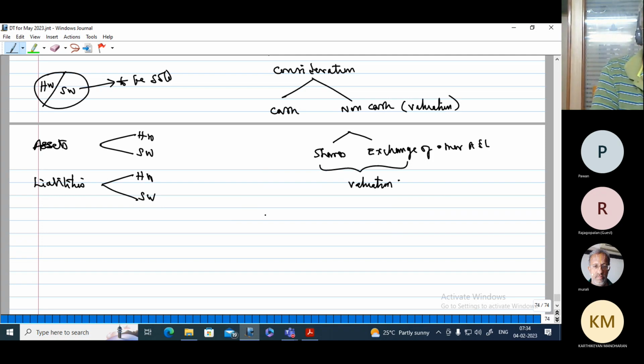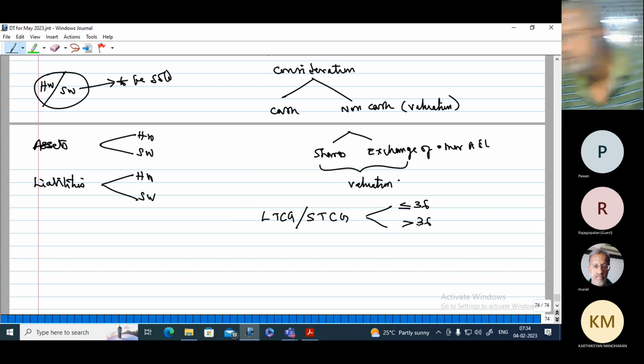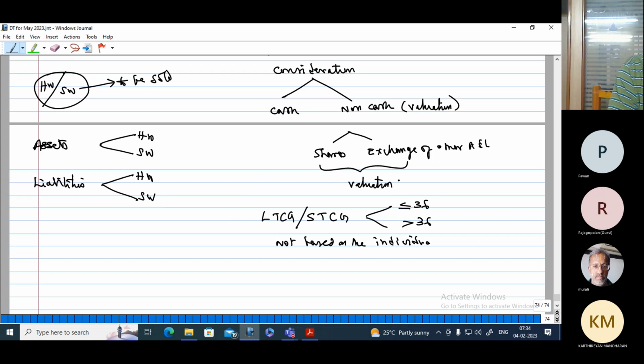We all know long-term capital gain or short-term capital gain is based on holding less than or equal to 36 months, or more than 36 months. Not based on the individual assets, but for the unit or division as a whole.